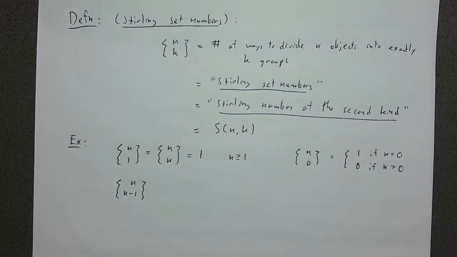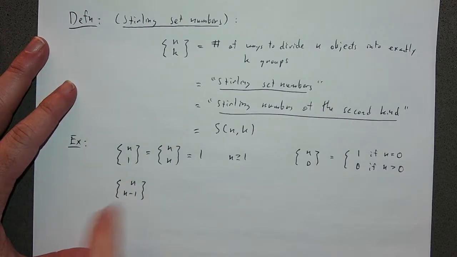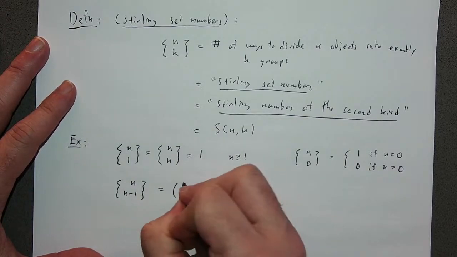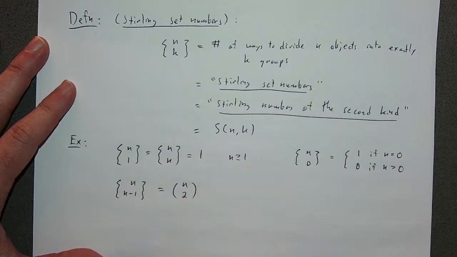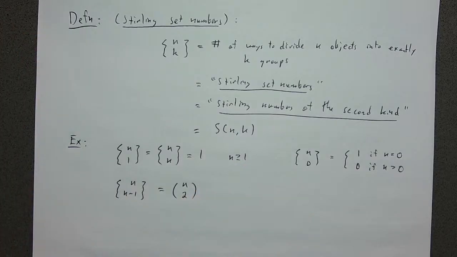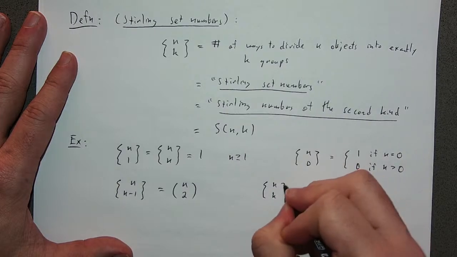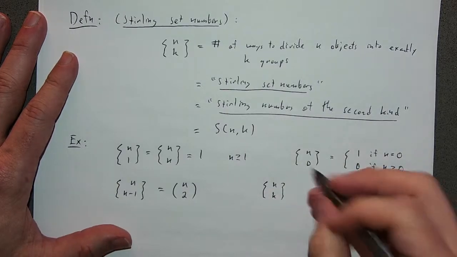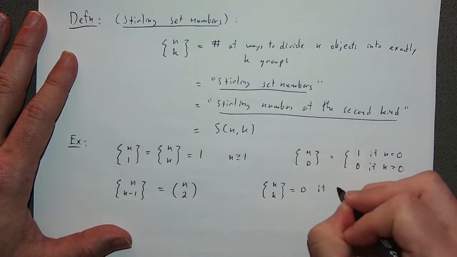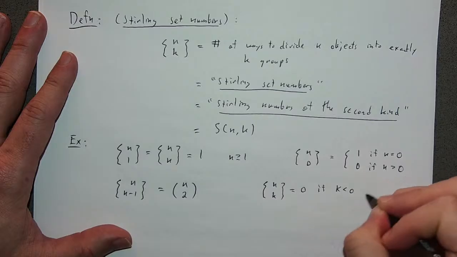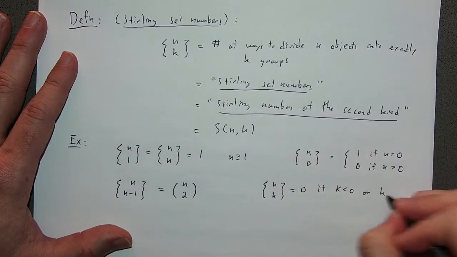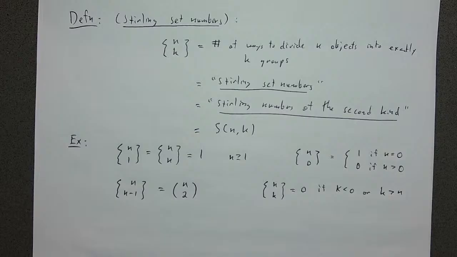So this amounts to the number of ways to choose 2 people from the n, which is, of course, just n choose 2. Similar to previous things, this is going to be 0 if k is negative or if k is greater than n. If there are more groups than there are objects to put into groups, you can't do this in a way that they're non-empty.